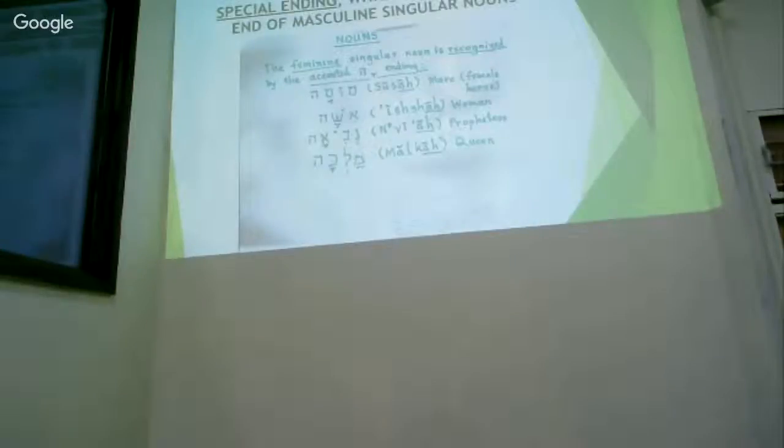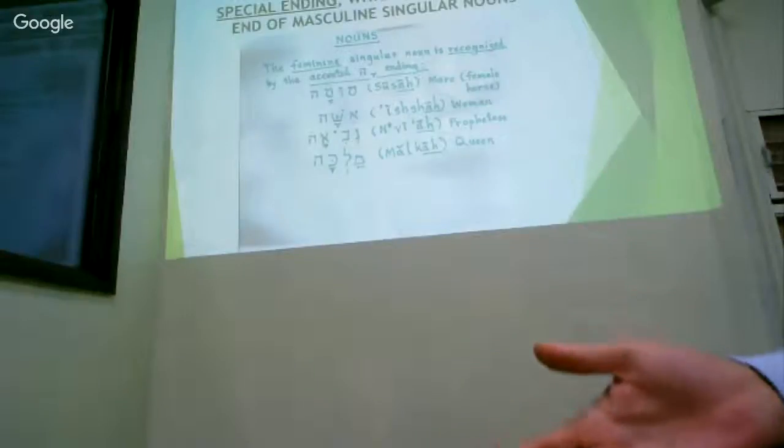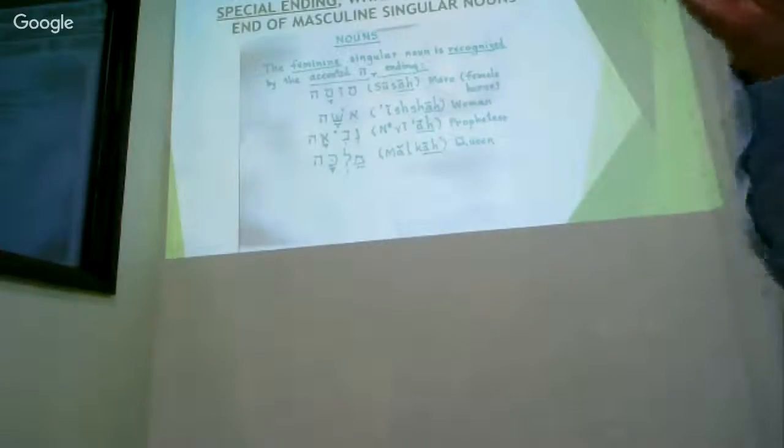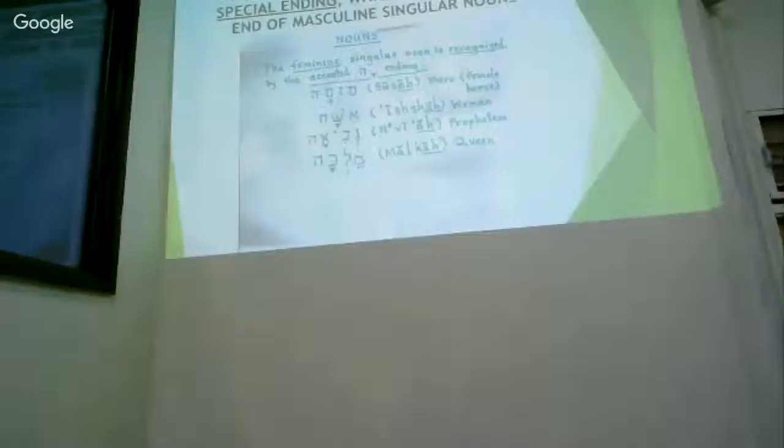It happens so regularly that in Hebrew grammar, when we're studying Hebrew, they do not have any sign or symbol to indicate the accent on the last syllable, because it is taken for granted. You see a word that has no symbol of an accent over it, you know that the last syllable has the accent. They indicate that in the Hebrew Bible itself, they have a symbol over the last syllable.